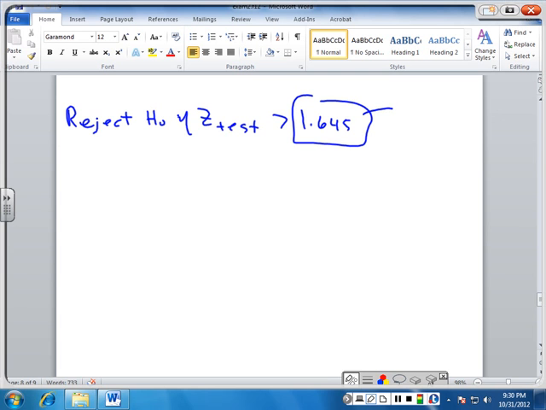That came from a table that requires a bell curve. And that bell curve is what is guaranteed via the central limit theorem.